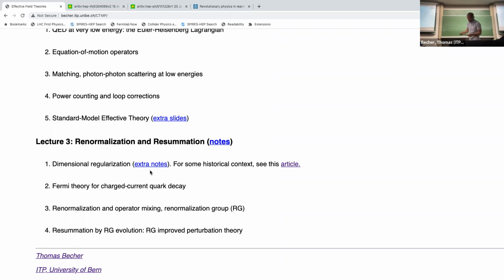So the radial part I didn't do in detail, but I can write down the result. So you remember what the result is.